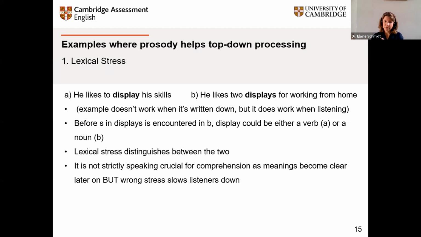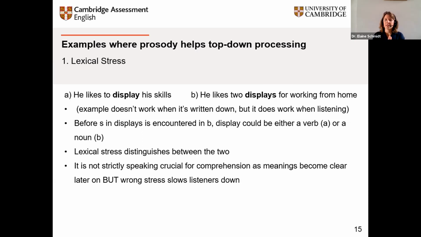And then you hear the rest of the sentence and then you know, anyway, it needs to have been a noun. But do you remember what I said initially about how you need to reintegrate? You need to integrate the words into a sentence while the speaker might already be producing new sentences that you might then lose. That's exactly what I'm talking about. So if you've first misunderstood which of the 2 words it is, display versus display, then it means that you've analyzed the sentence wrongly in your mind.